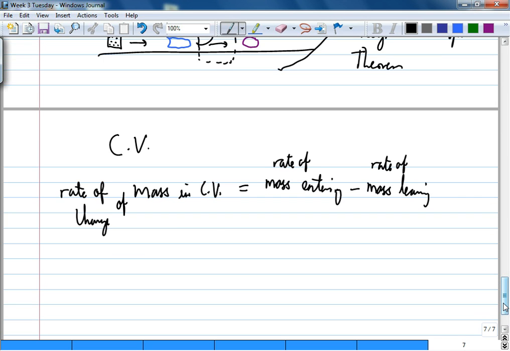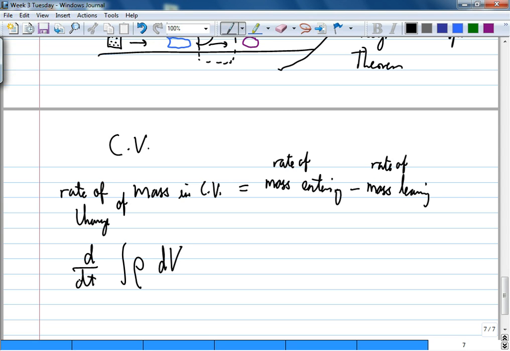So in terms of the mass in the control volume, let's just call that density. Integral of density dV, right? We want the rate of change of that.